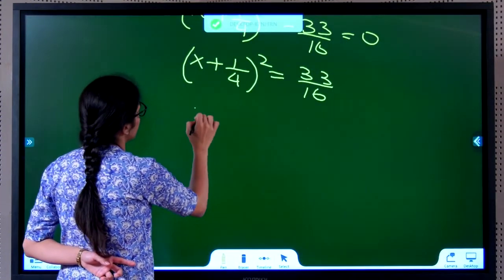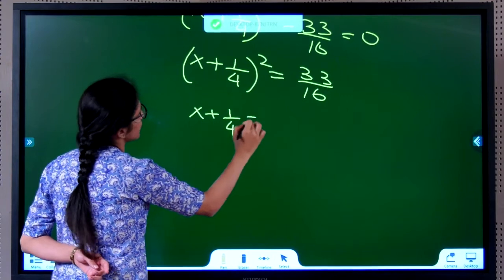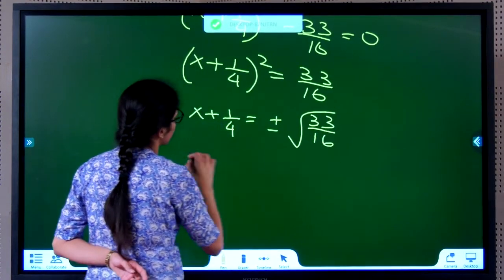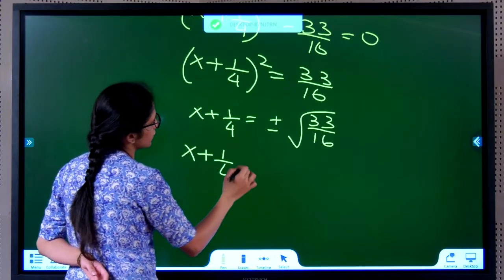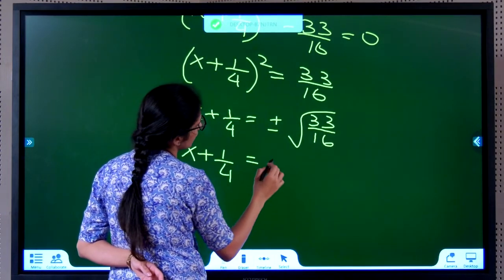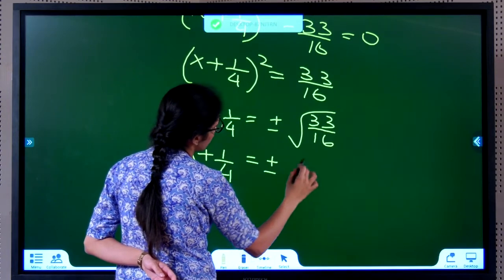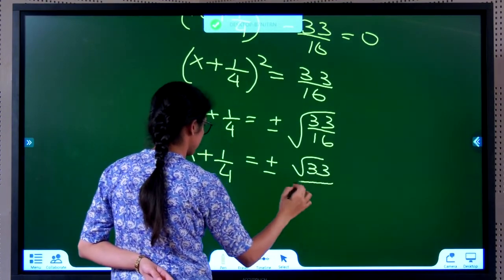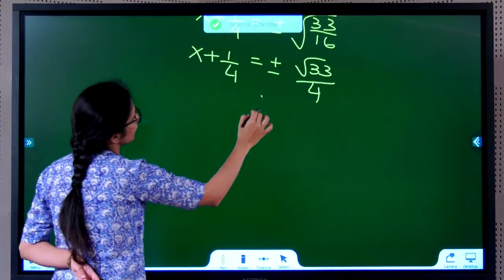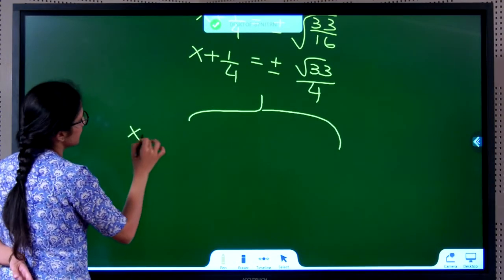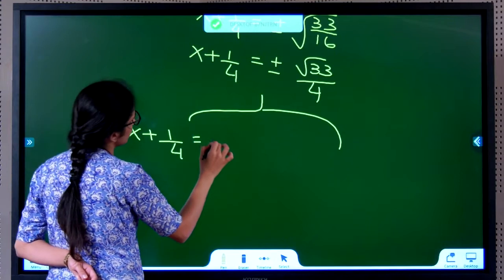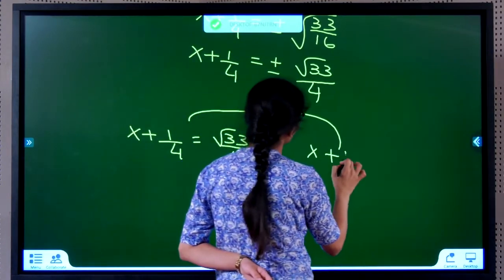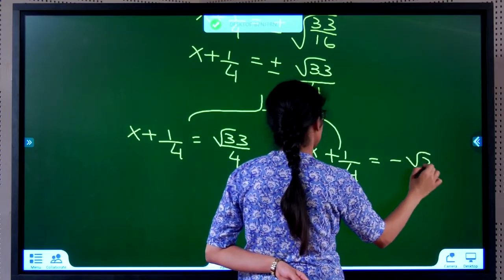Send the square root that side. X plus 1 by 4 is equal to plus or minus root of 33 by 16. X plus 1 by 4 is equal to plus or minus root 33, root 16 is 4. So this gives us two solutions. X plus 1 by 4 is root 33 by 4 and x plus 1 by 4 is minus root 33 by 4.